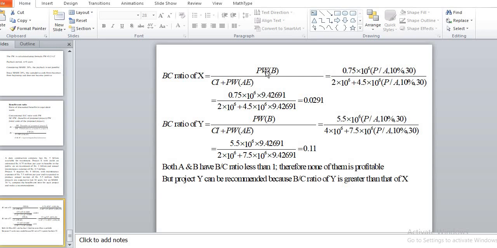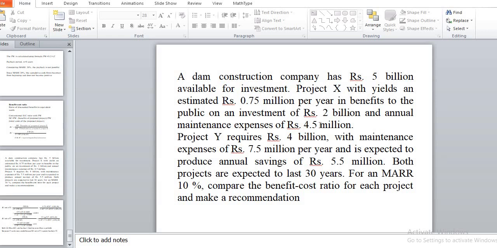Now, benefit is in terms of present worth, and cost is in terms of present worth plus the initial investment I. This benefit we obtain per year, so the P by A factor comes here, the P by A factor for 10% interest per year and for 30 years. The investment for project X is 2 billion.